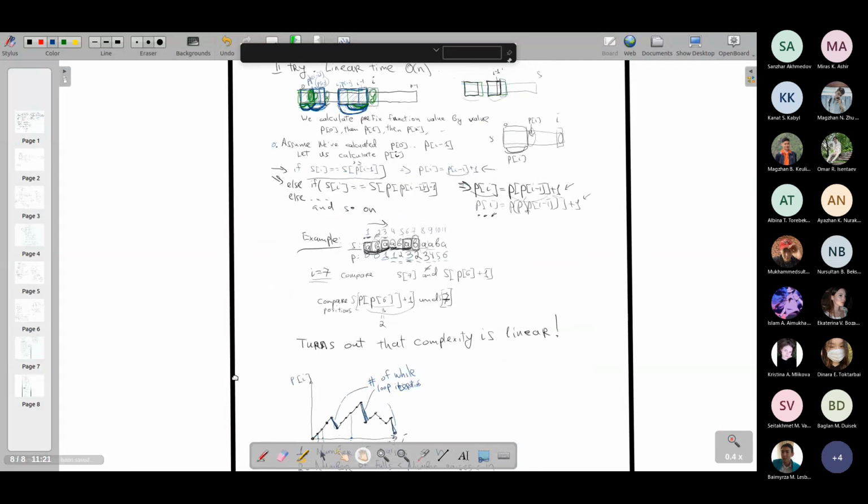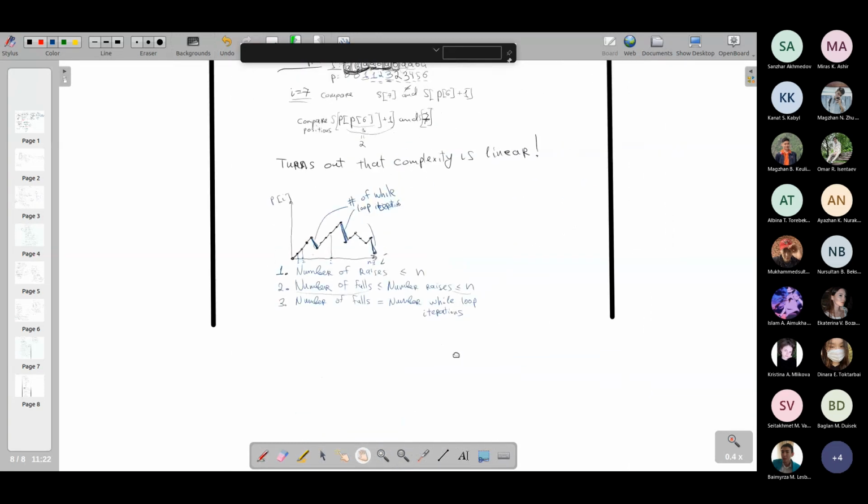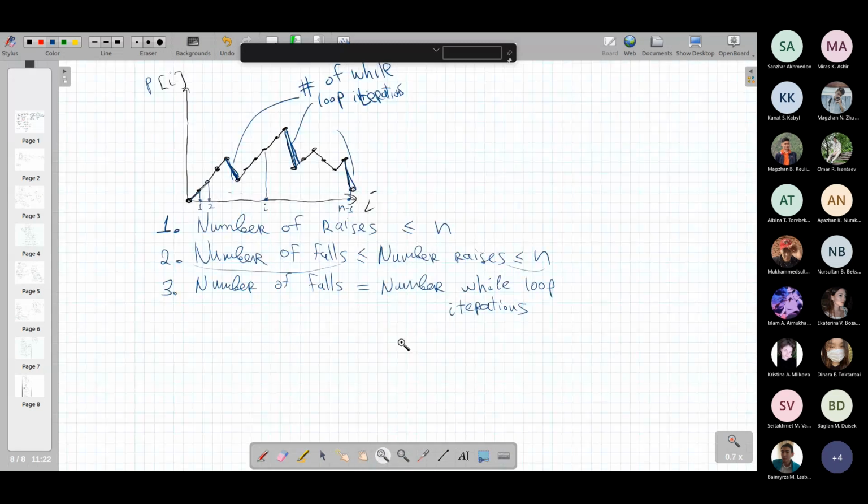So the number of falls is exactly this: whenever the prefix function falls, it means that we made a while loop iteration.